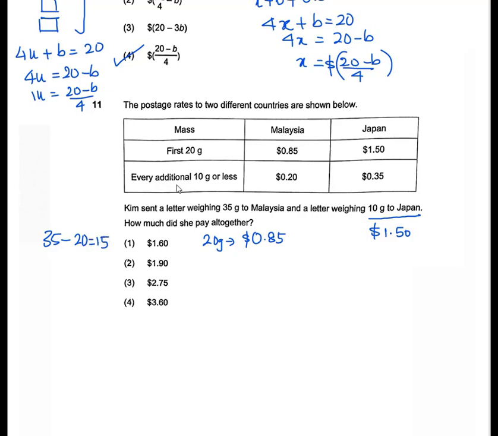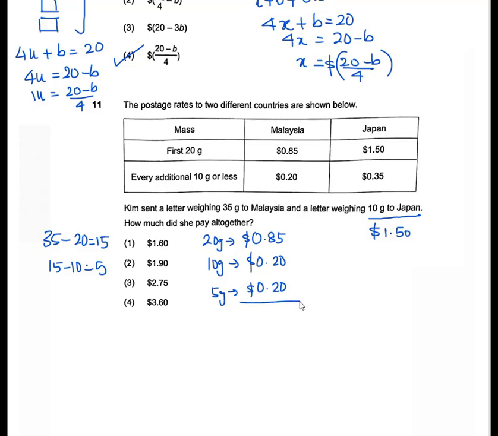For the next 10 grams, I will be charged 20 cents. And do I have anything else left? Yes, 15 minus 10 is 5 grams, which also counts as an additional 10 grams. So for that, again, an additional 20 cents will be charged, because up to 10 grams, they are going to charge another 20 cents.